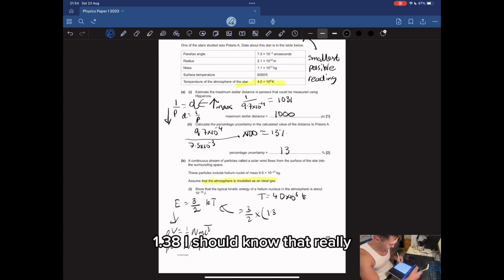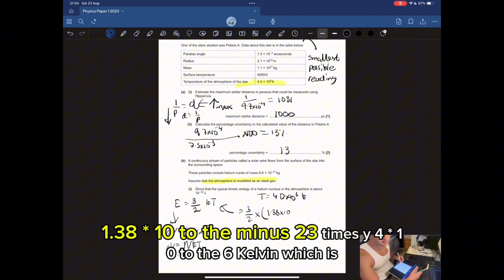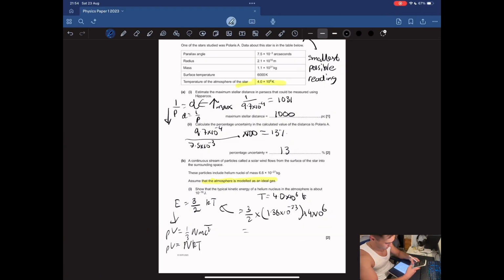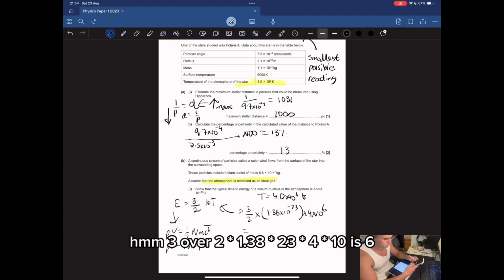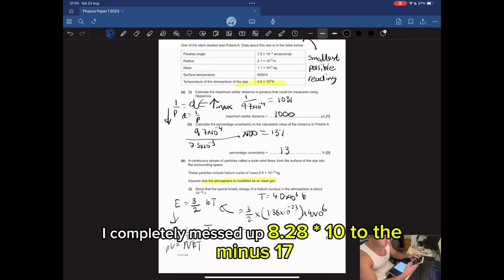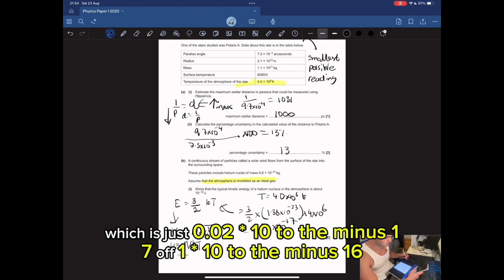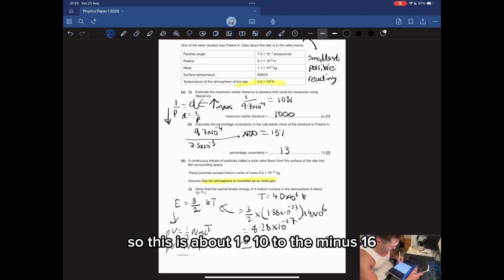I should know that really. 1.38 times 10 to the minus 23 times 4 times 10 to the 6 Kelvin, which is 3 over 2 times 1.38 times 10 to the minus 23 times 4 times 10 to the 6. I completely messed that up. 8.28 times 10 to the minus 17, which is just 0.02 times 10 to the minus 17 off 1 times 10 to the minus 16. So this is about 1 times 10 to the minus 16.